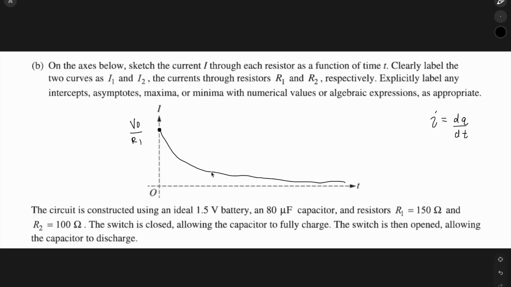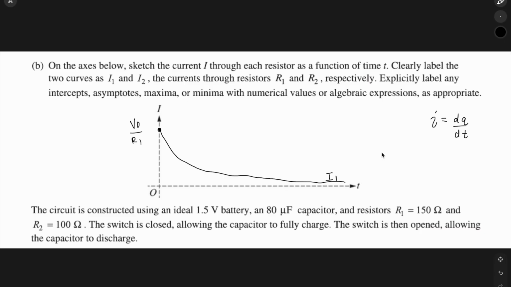Now, we also have to draw the graph for resistor 2. The thing that might trip you up here is that resistor 2 is in the circuit, but it is actually parallel to the loop with resistor 1, and thus it has pretty much no relationship with the capacitor.